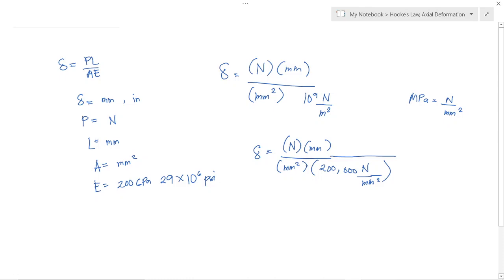So, automatic, kahit hindi ka na maglagay ng unit pag nagsosolve ka, para mas mabilis, although alam mo na dapat kung ano yung units na i-input mo doon sa equation. So, makita mo, square millimeter cancel, Newton cancel, matitira sa iyo is in millimeter.